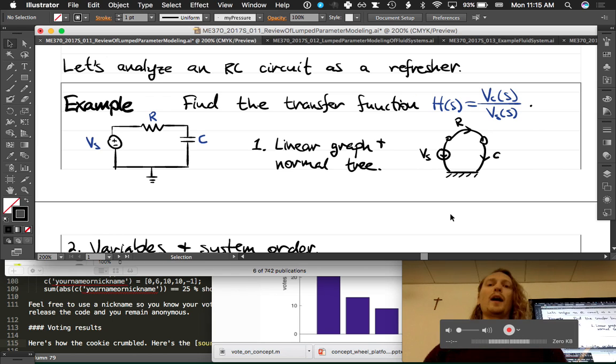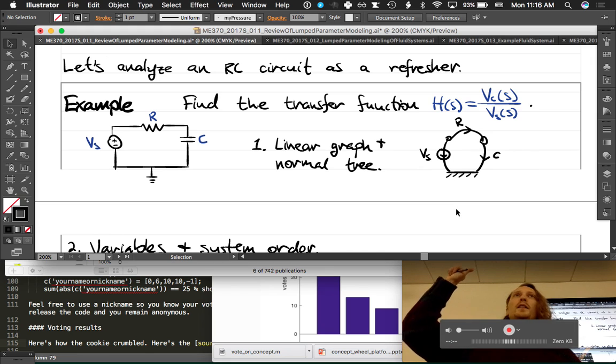Do you guys remember how we determine what the normal tree is? The root variable primary sources and the cross variable secondary source. I think you're thinking about how we find the state variables, which is the next step. We're just getting a little ahead of ourselves. Let's just find the normal tree. The first thing we always find is the cross variable sources, right?